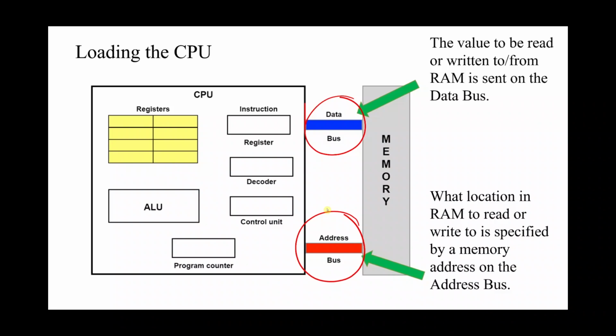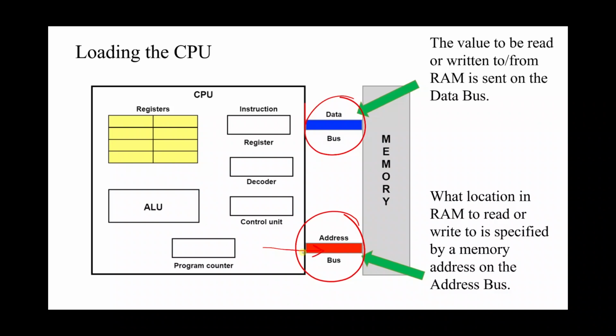But where that data is stored is located on the address bus. What location in RAM to read from or write to is specified by a memory address on the address bus.